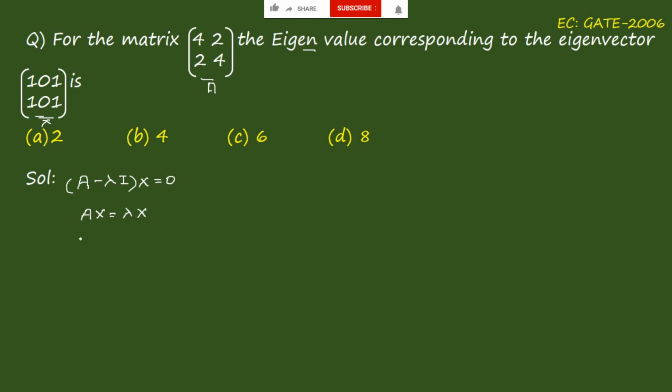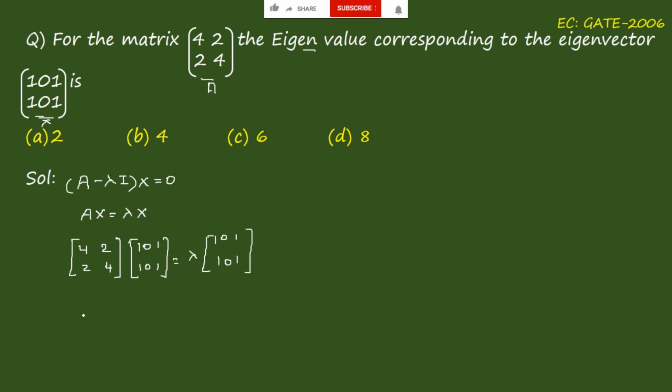So substituting, we get 4, 2, 2, 4. Then the X value is given as 1 0 1, 1 0 1, which is equal to lambda into 1 0 1, 1 0 1.